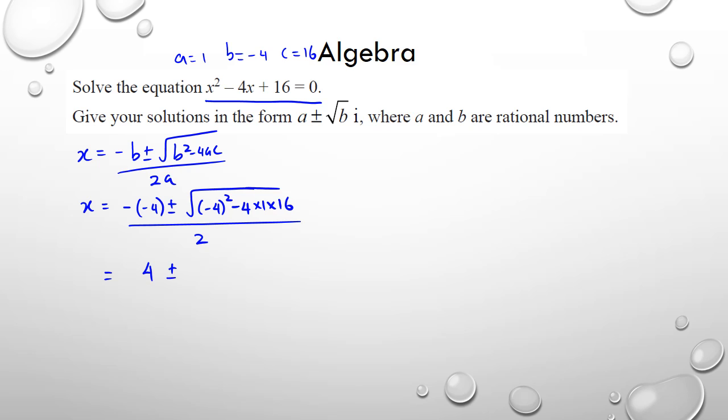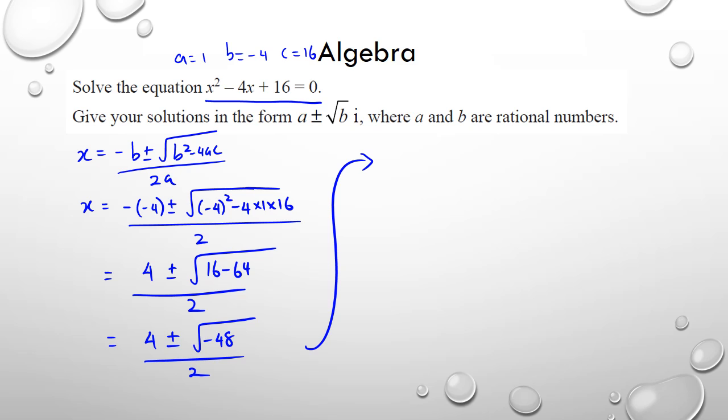So I have 4 plus or minus the square root of 16 minus 64, over 2. And this can be written as 4 plus or minus the square root of negative 48, over 2. Now, I know that I can write negative 48 as 48i squared, as i squared is equal to negative 1.